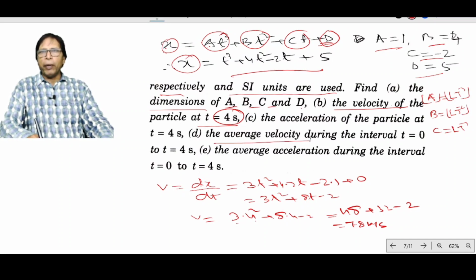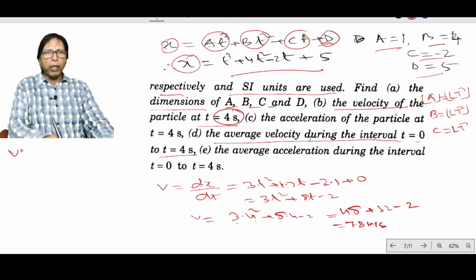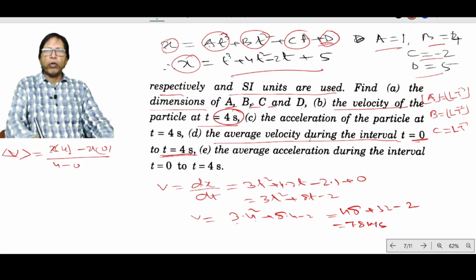Now, what is the average velocity during the time interval t equal to 0 to t equal to 4? Average velocity is (x4 minus x0) divided by (4 minus 0). Now, look at this.